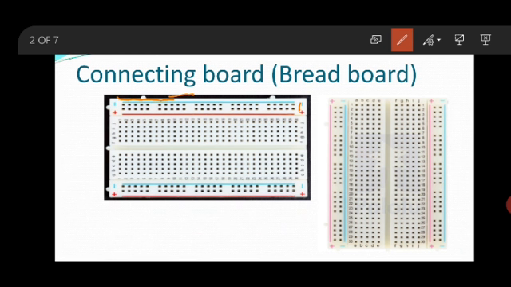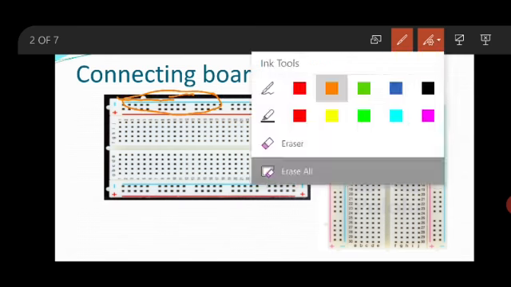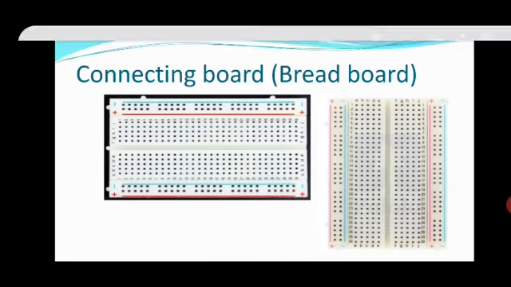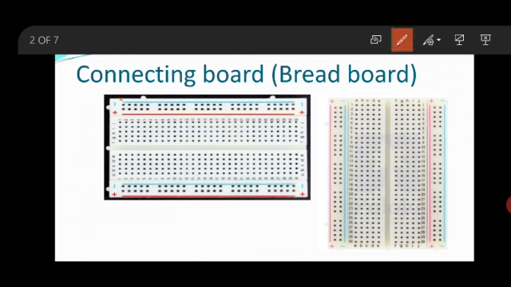All of the first row is connected, up to this one. The first row, whatever I have mentioned, has connectivity. There is no connectivity between the first row and the second row. The second row is connected up to the discontinuity line. I hope you understood this one.